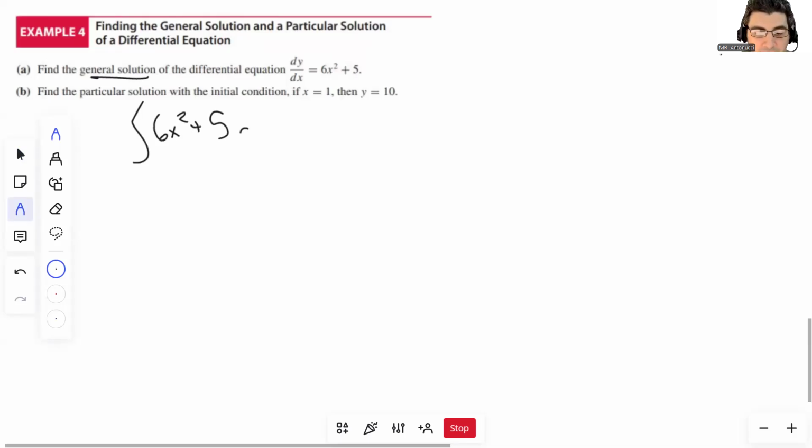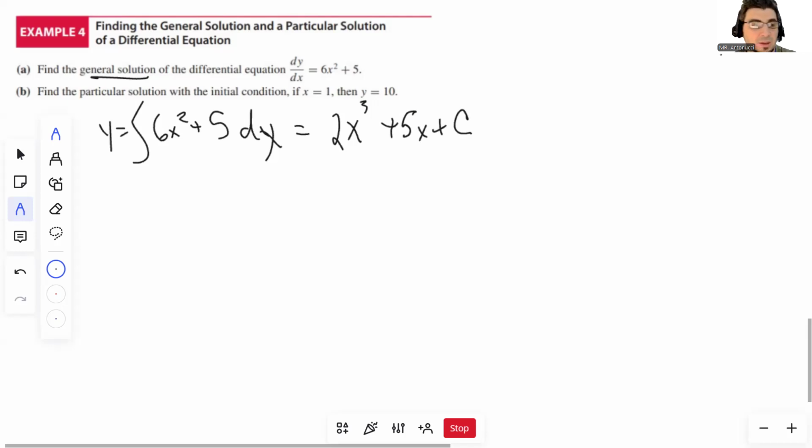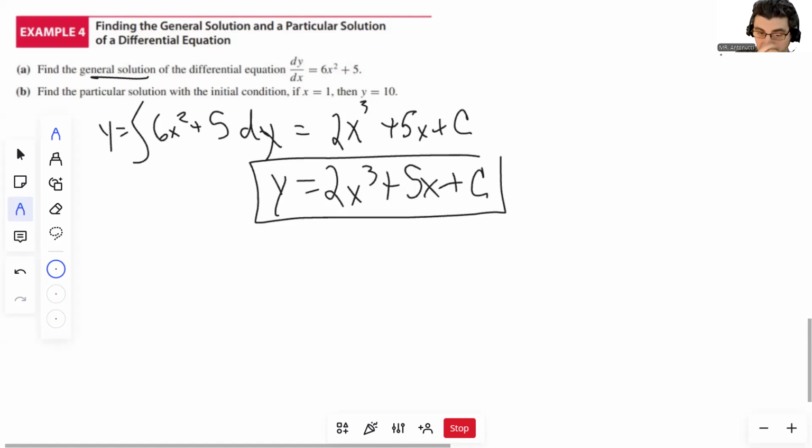So if we just integrate that, we get y equals the integral of 6x squared plus 5 dx, the antiderivative, which is x cubed over 3 multiplied by the 6 gives us 2, plus 5x plus c. This would be considered the general solution. So I'll just write it: y equals 2x cubed plus 5x plus c, because it has the general constant of integration there. So that's the answer to part A.